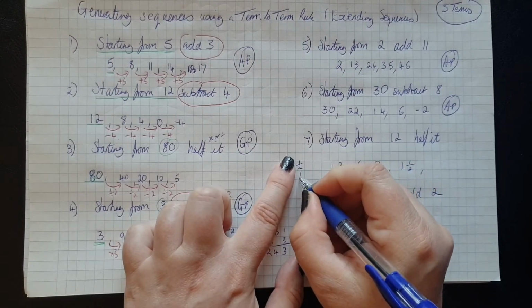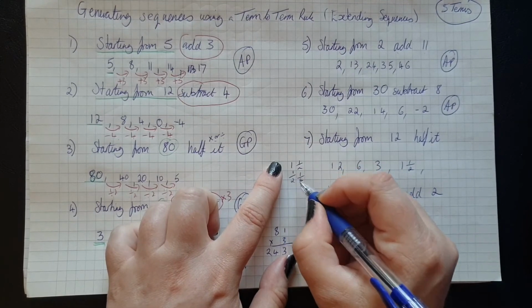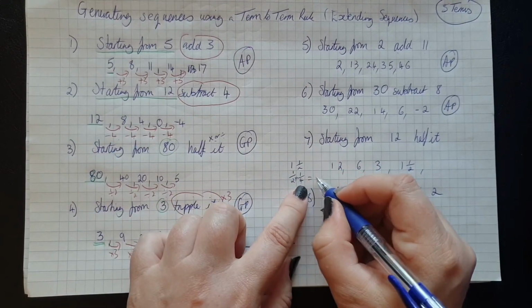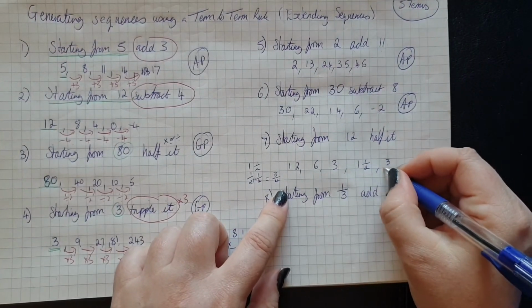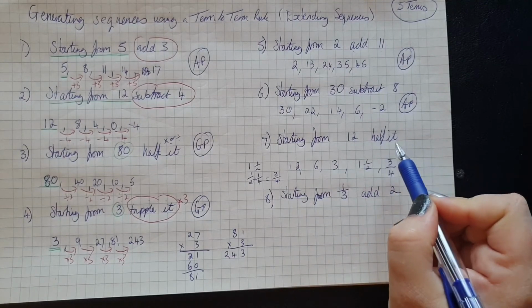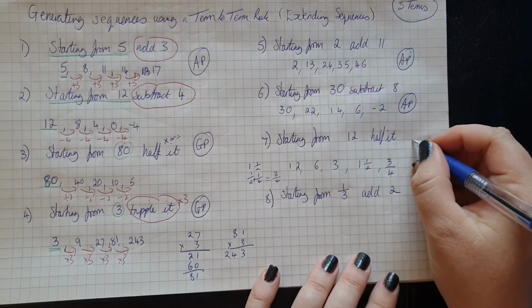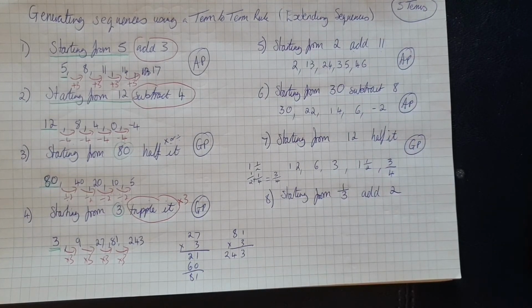Well, half of a half is a quarter. Half of 1 is a half, and a half plus a quarter is 3/4. Lovely. And again, looking at this, because it involves multiplication or division, it's a geometric progression or a GP.